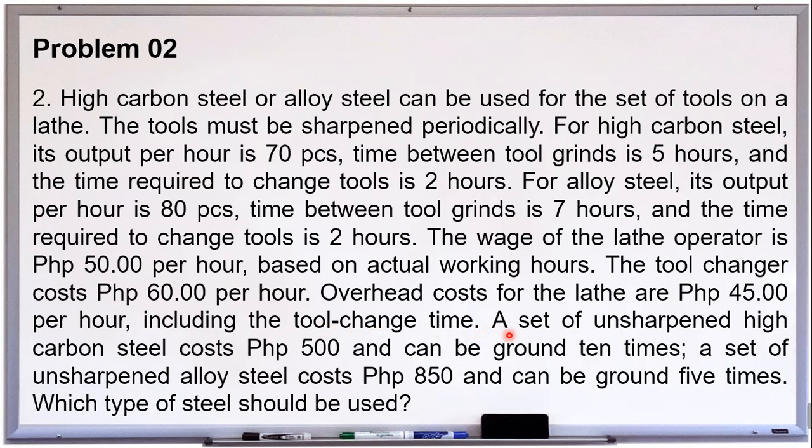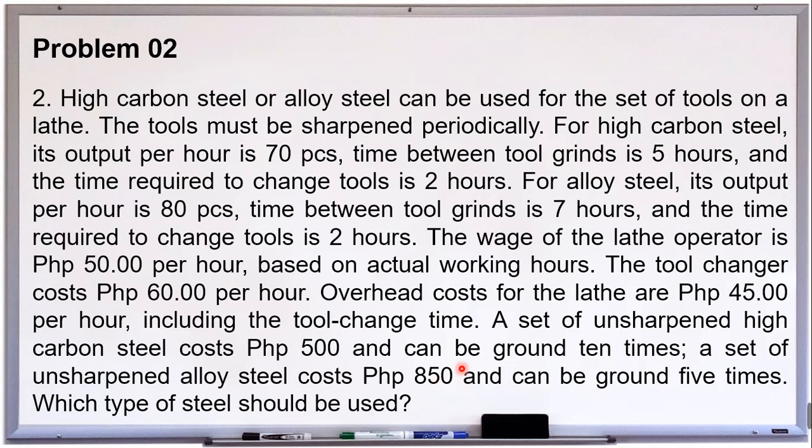Then the cost of the unsharpened high carbon steel is 500 pesos, and this one can be used 10 times, or this can be ground 10 times. Next, for the alloy steel, the cost for the unsharpened alloy steel is 850, and it can be used 5 times.